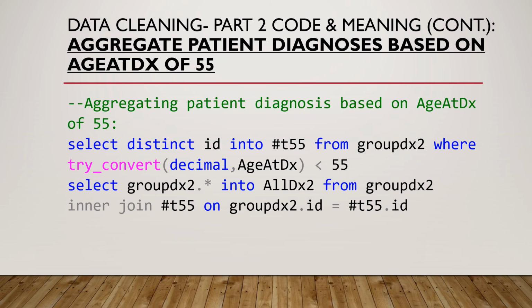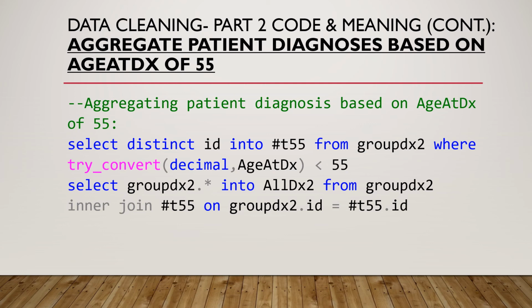Next, we aggregate patient diagnoses based on age at diagnosis of 55. Select distinct ID into temporary table called T55 from group DX2 where try convert decimal age at diagnosis is less than 55.